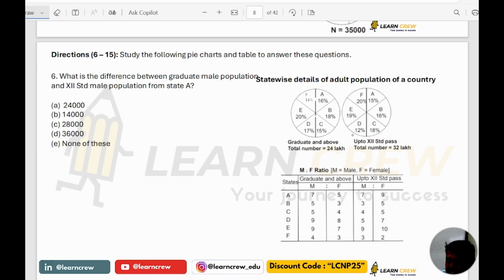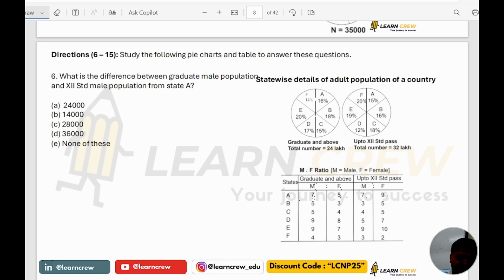And here, for graduates and above, A has 7:5 male to female. Up to 12th standard, A has 7:9. So if total graduates and above in state A are 12 parts, males are 7 parts, females are 5 parts.